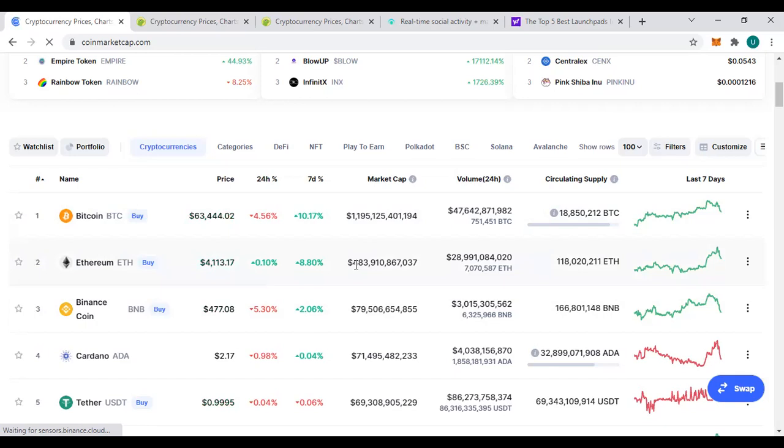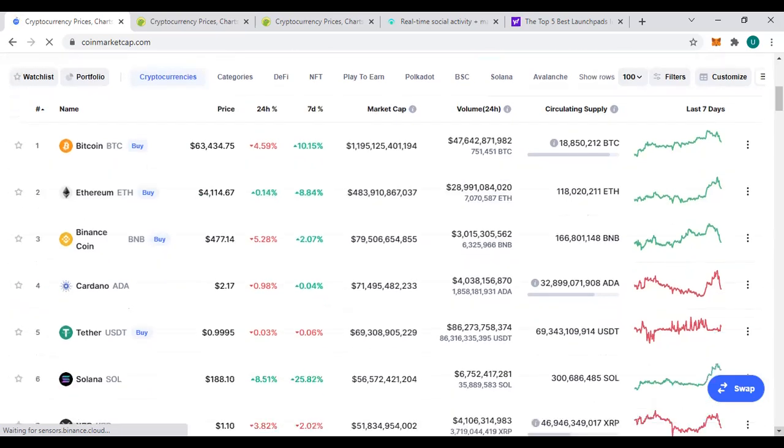Ethereum has $483 billion as its market capitalization, right? Followed by BNB, which is third on the list with $79 billion. And these are all the coins ranked according to market capitalization. They are ranked this way, and also by daily volume and supply.